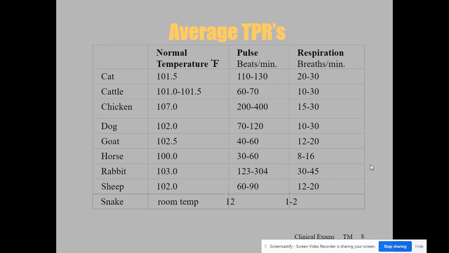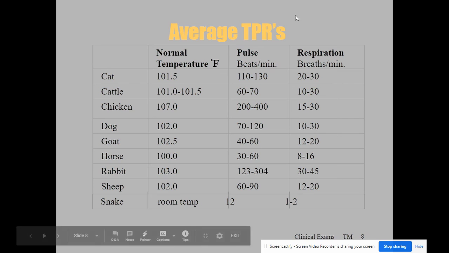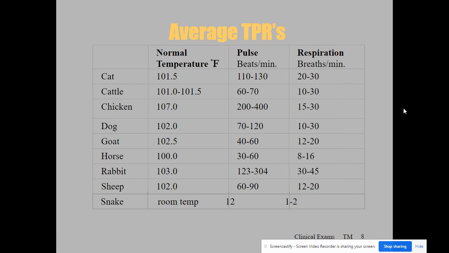You'll notice that most of these species have pretty wide ranges. Again, there's lots of things that affect those average ranges, but probably the biggest thing is size of the animal for pulse and also a little bit for respiration. Smaller animals are usually going to have faster heartbeats and they're going to usually take more respirations.